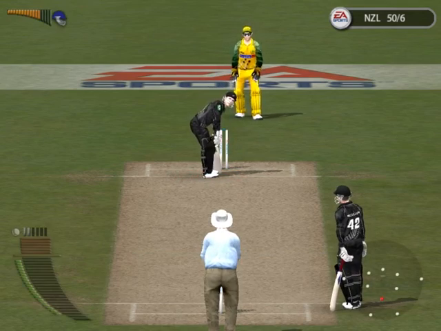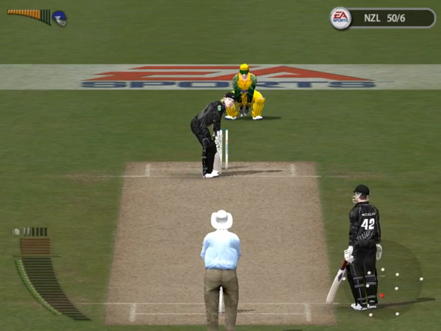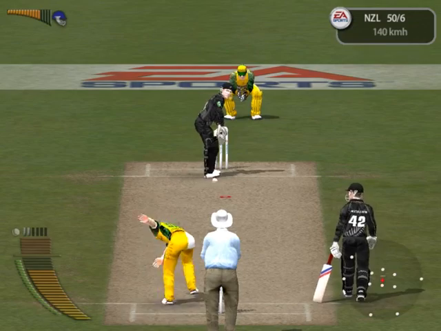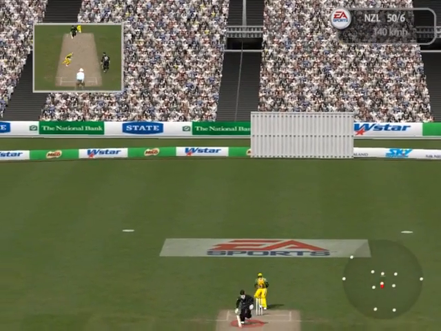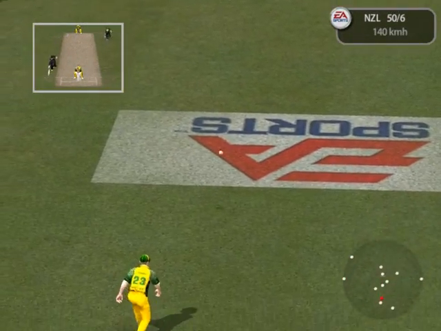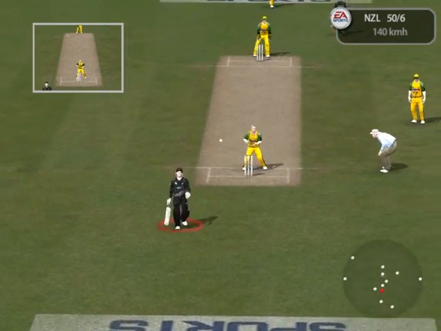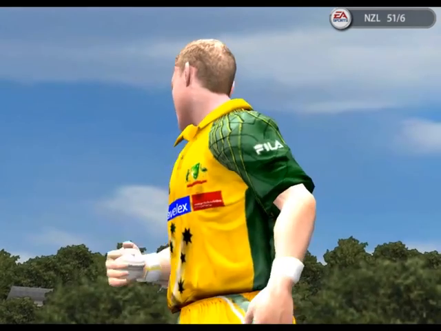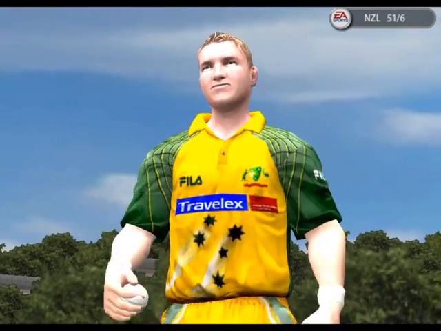Lee continues. It's high in the air. The 50 is up for New Zealand. New Zealand move on to 51.